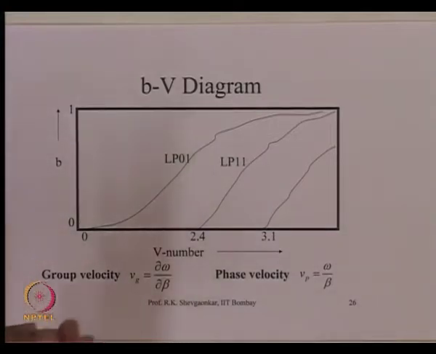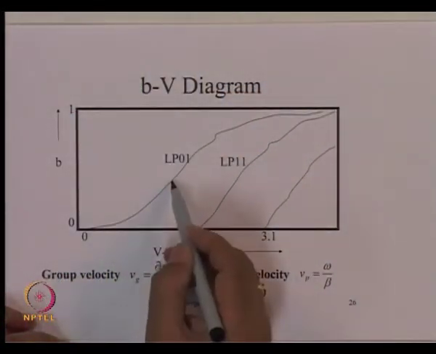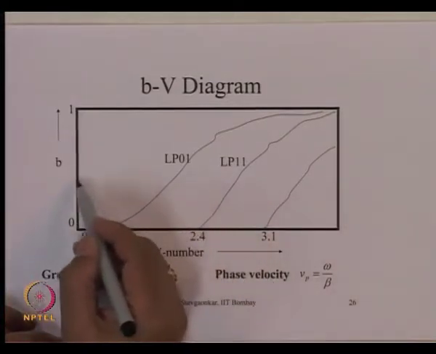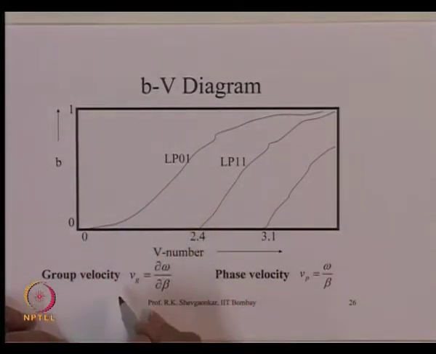So, if we are operating in the frequency range or the fiber parameter range, where the fiber is a single mode optical fiber, then the location on this graph here gives you the quantity which is related to the phase velocity. I can measure the value of V, I can measure the value of beta, and except the proportionality constants, essentially the quantity which is V by beta will give me the quantity proportional to the phase velocity.